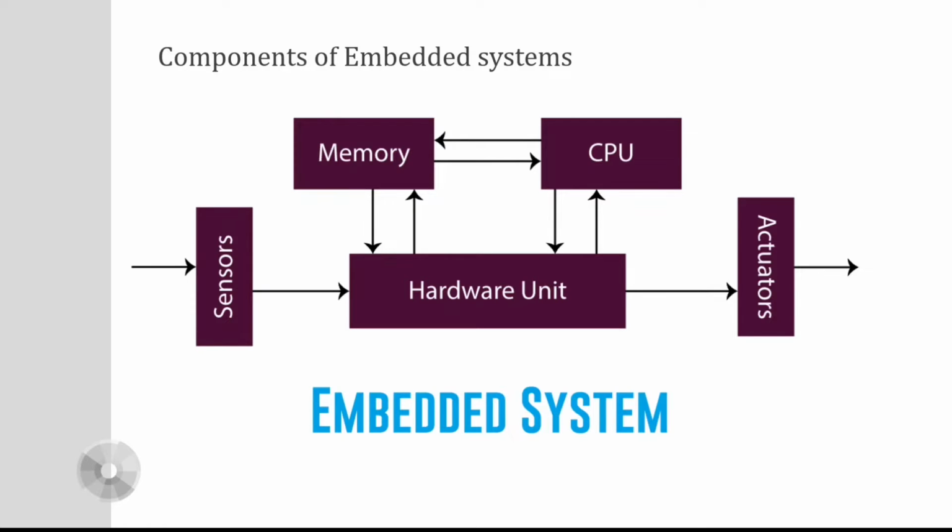And the hardware unit has a memory that holds the coding part, or the program. It transmits the program from the memory to the hardware. And here we have the CPU for performing ALU operations, like arithmetic functions such as addition, subtraction, division and multiplication.